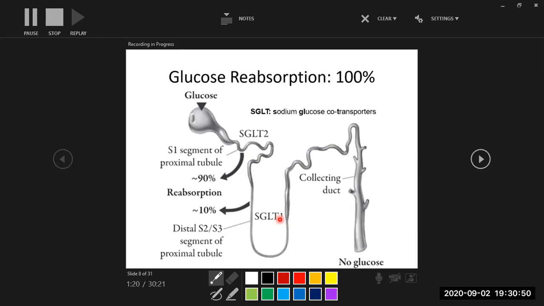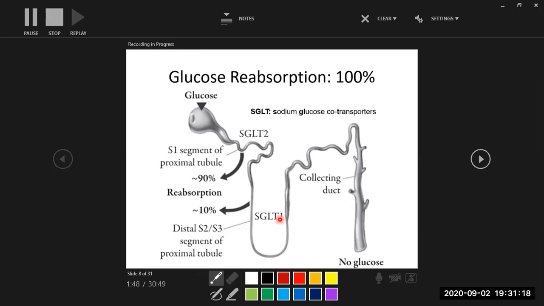What you need to memorize here is 2 and 1. The first is 2, the next is 1. And the majority is 2. 90% of reabsorption is on the SGLT2. 10% follows the SGLT1. Okay, so that's what you need to memorize.